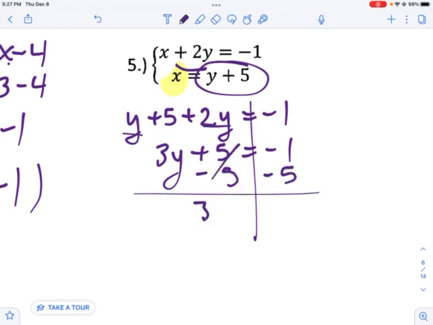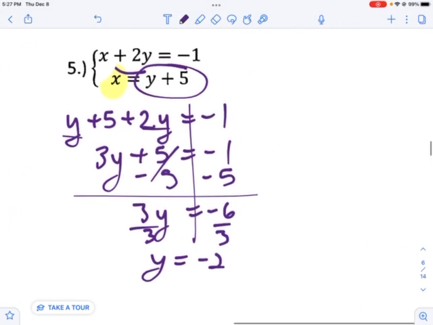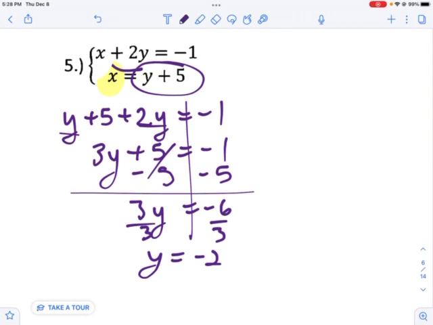Hopefully you guys can see that we want to substitute into our second equation because it seems a little easier. And it's already set up for x equals. So we substitute -2 plus 5. And so x equals 3. Again, be careful when writing your ordered pair. It's 3, -2.